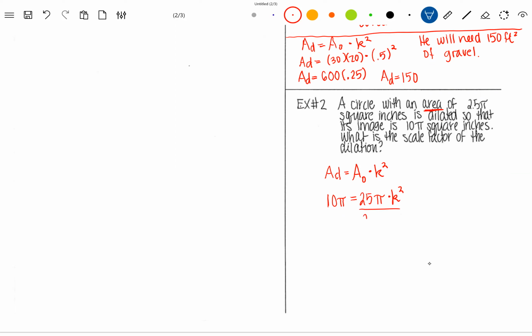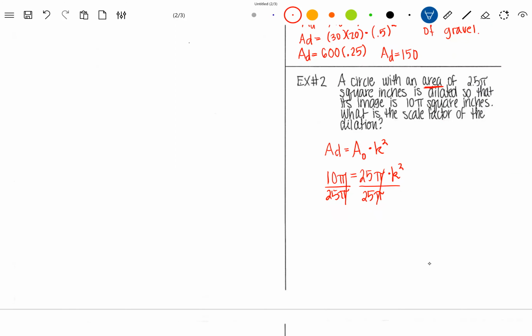So the first thing I'm going to do is divide by 25 and pi. The pi's cancel on both sides. 10 over 25 reduces to 2/5. 2/5 is 0.4.